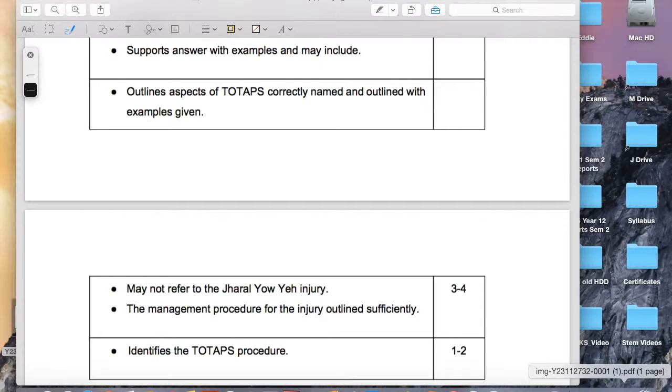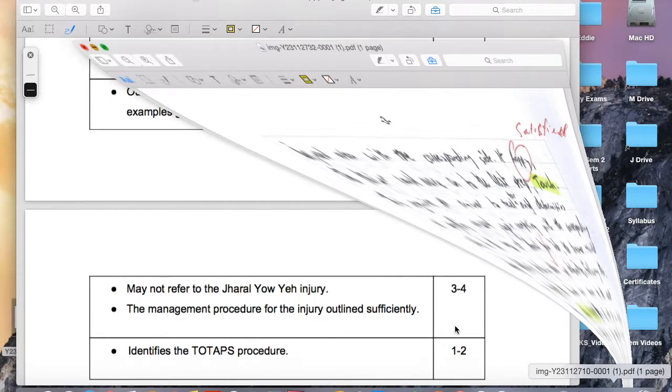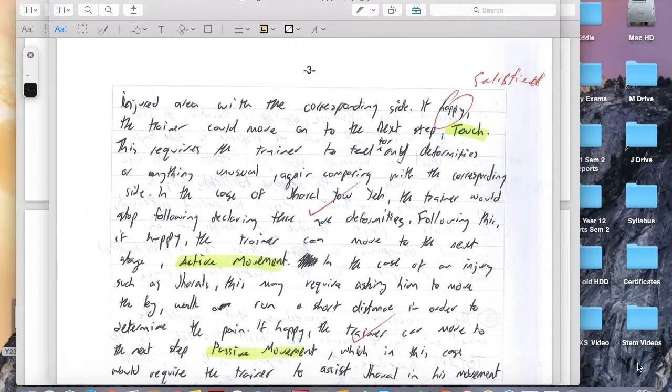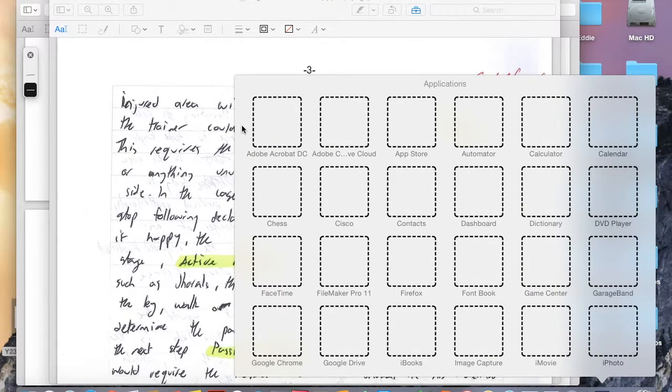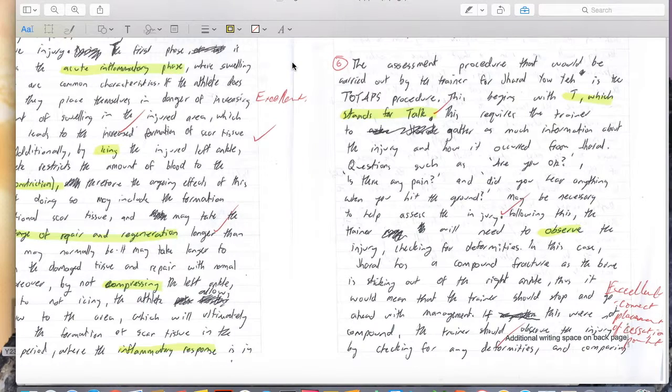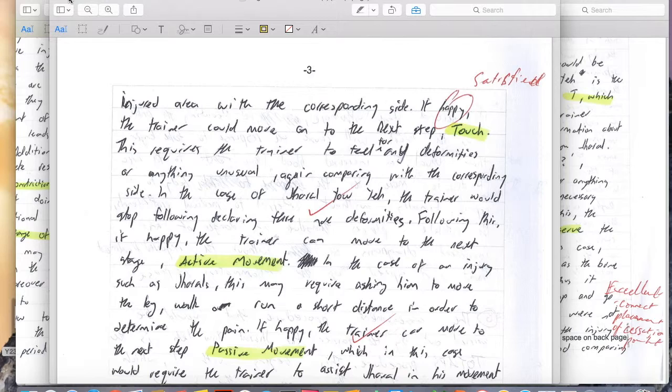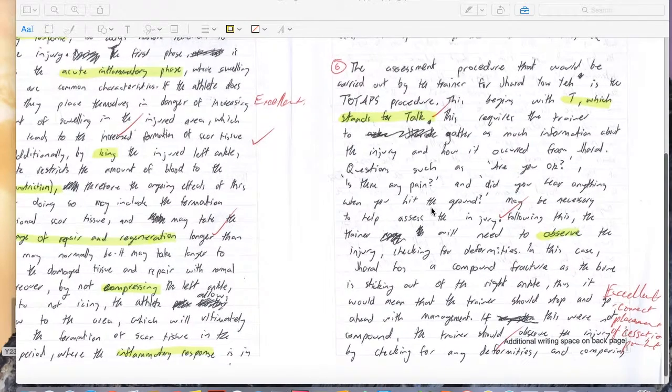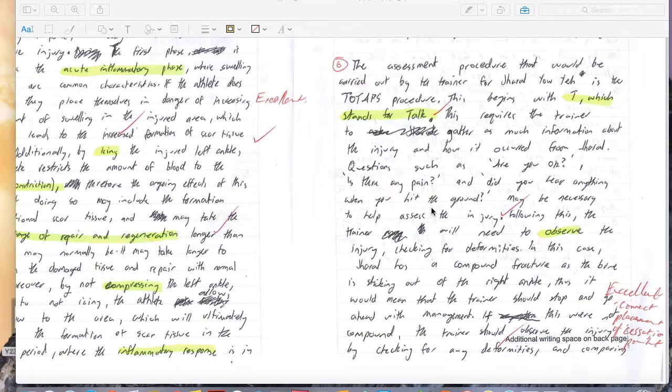If we could have a look at a response that we've deemed as being a good response, here is one in the top bracket.